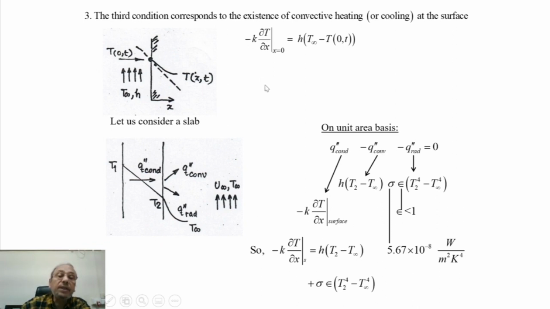This is the third condition, and a little more extension of this condition is also to include the case where the surface temperature, despite getting cooled by the ambient fluid, is quite high. There also we can get a contribution from radiation.